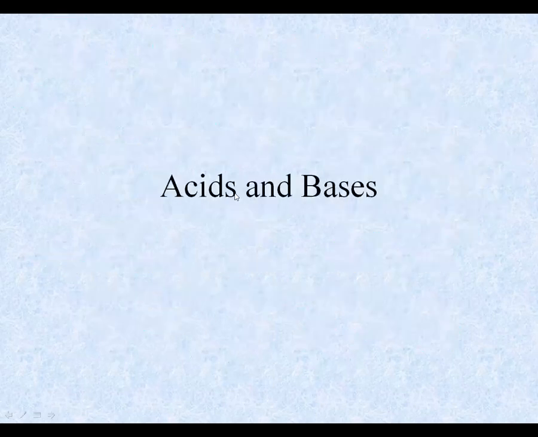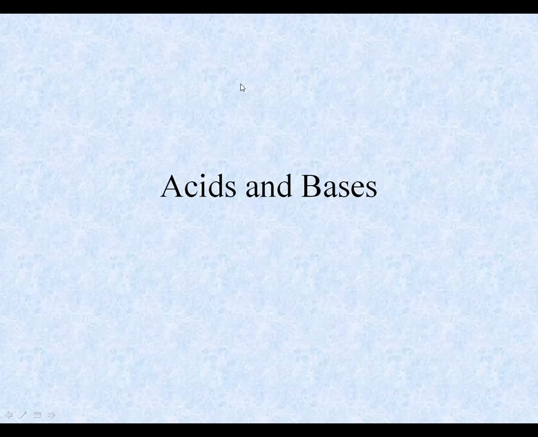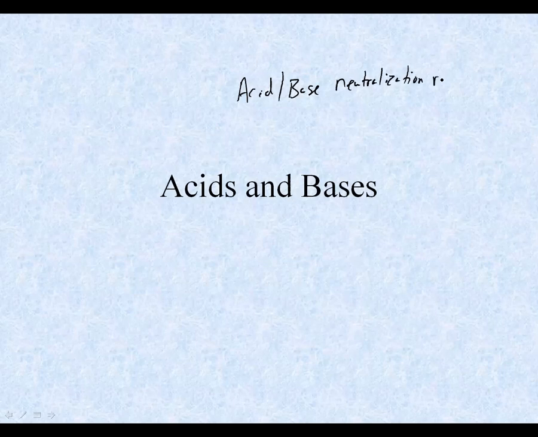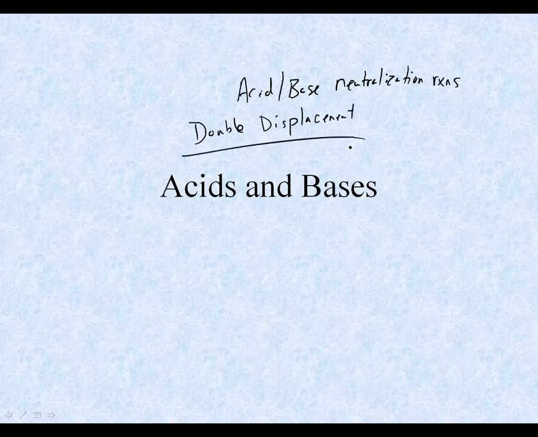So the next type of reaction we're going to talk about is the acid-base reaction. And again, for the most part, these are going to be what are known as acid-base neutralization reactions. Pretty much they also, for the most part, can be placed under the big banner of double displacement reactions.